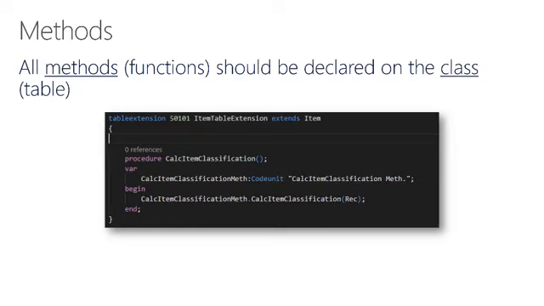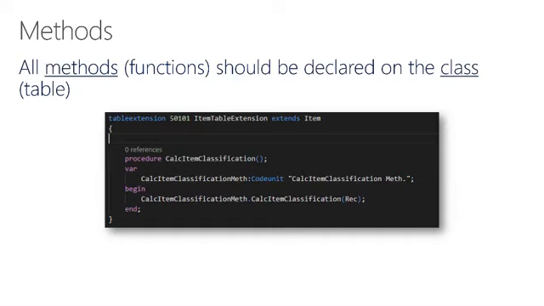Now, anywhere in the system where we are using an item variable and we want to calculate the classification for that item, all we have to do is call the CalcItemClassification method, and it'll do it the same way throughout the entire system.